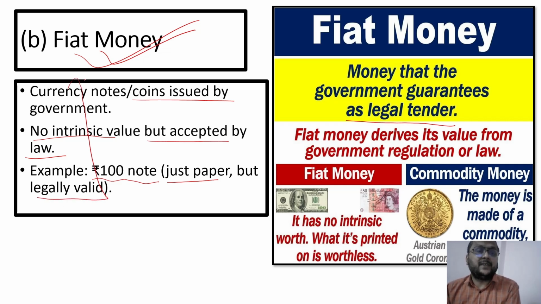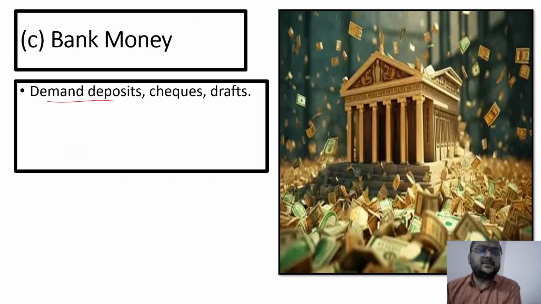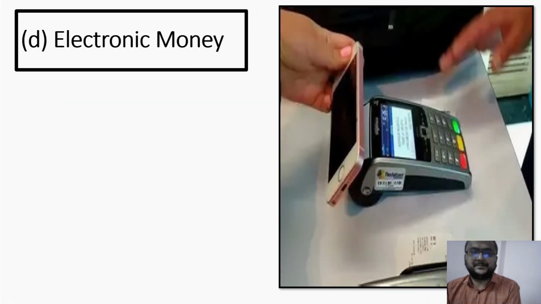Next is bank money, like bank drafts, bank checks, demand deposits. For example, you pay via a check of rupees 5,000. That is bank money.